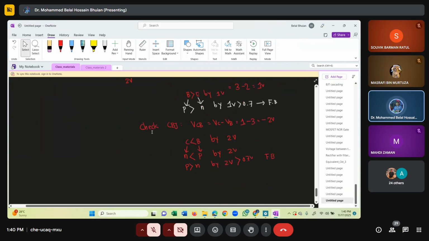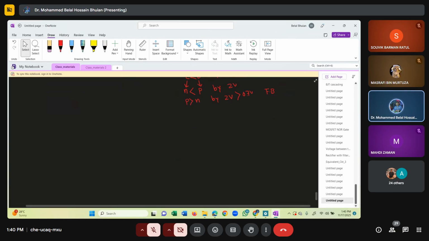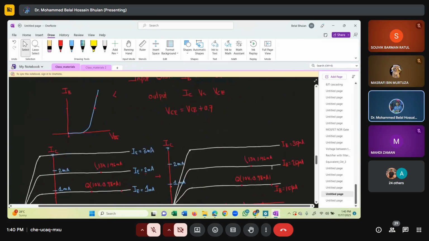So let's do another example. In that case, we do a PNP BJT. I think I have it, I just borrow it from here.